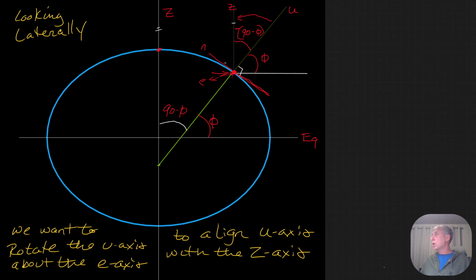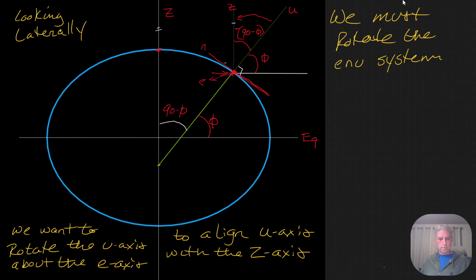So in other words, we must rotate the system, I'm going to say the ENU system, by negative 90 minus phi, about the e-axis.